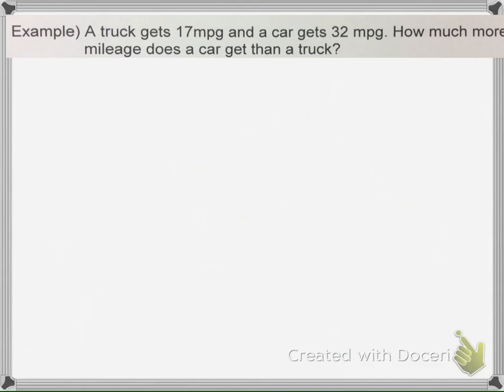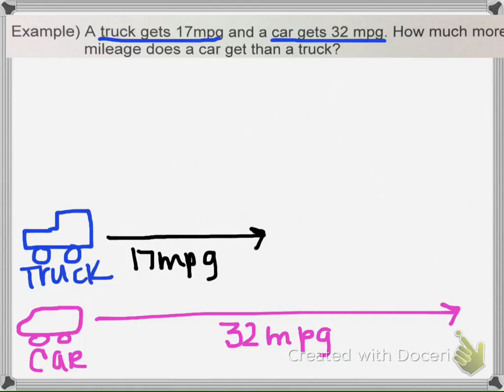Alright, last example here. Let's do an application problem. Where could we use this? So if we look, we have a truck that gets 17 miles per gallon. And we have a car that gets 32 miles per gallon. It says, how much more mileage does a car get than a truck? Okay, so we need to figure out how much more the car goes.